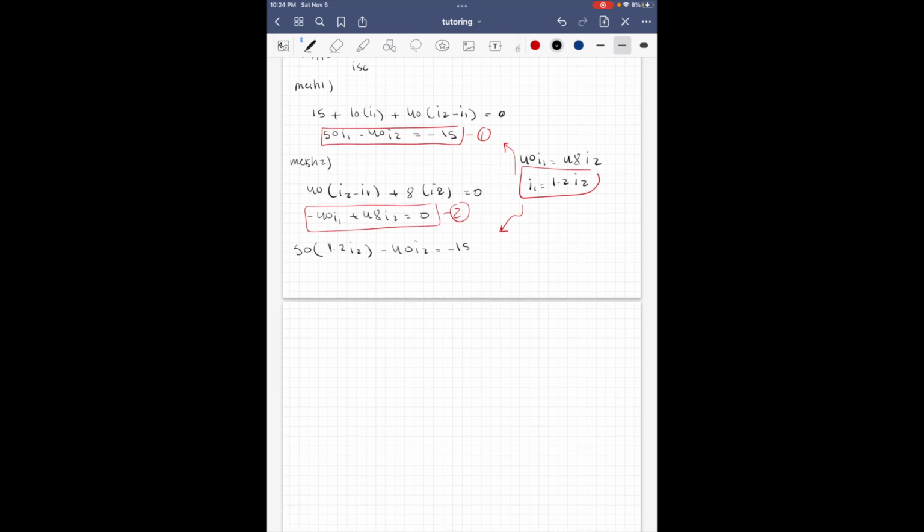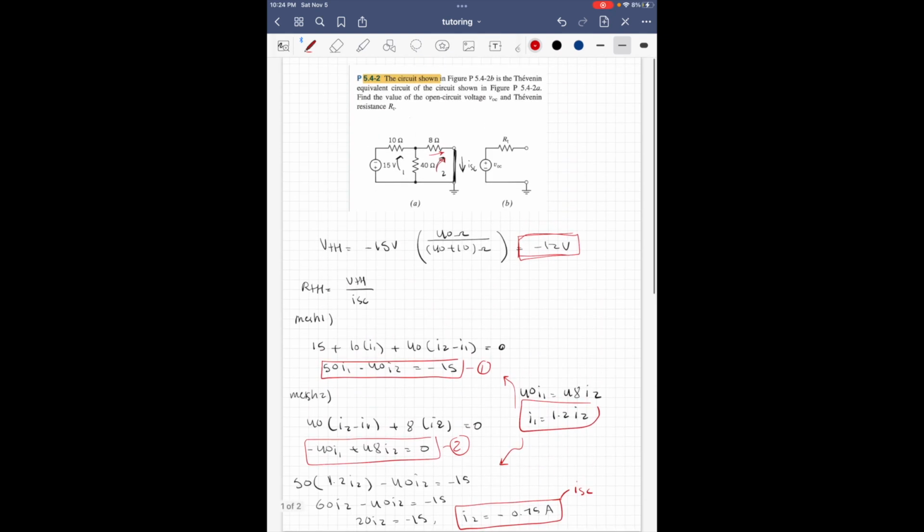When you simplify this, you get 60 I2 minus 40 I2 equals negative 15, which means that 20 I2 equals negative 15. So I2 is going to be negative 0.75 amps. And that is your short circuit current. It's negative because it's pointing down, which you already assumed right here.